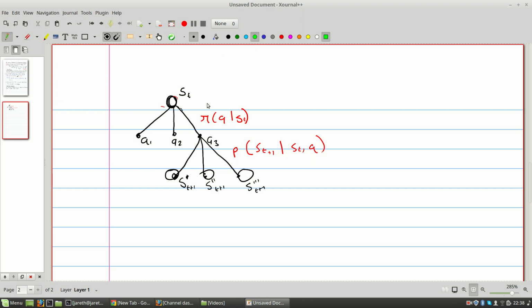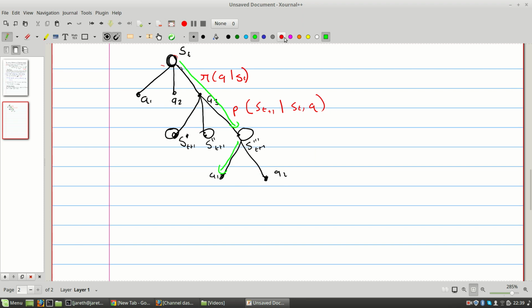So this is essentially a trajectory we might follow, and following this we need to take actions. Will we take this action or will we take that action? Maybe we take this action and we end up at this point, and of course at this point there's an associated probability of A given S, and after taking that action we might end up in some state here or another state here.